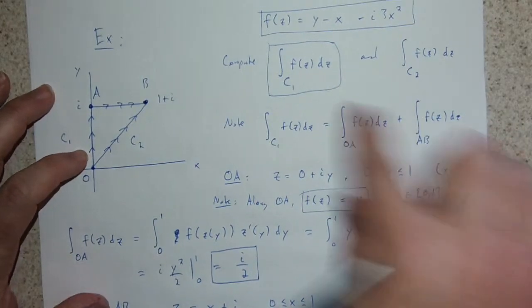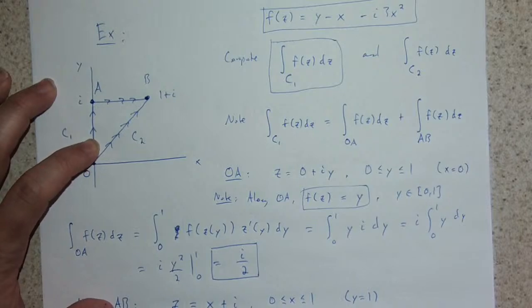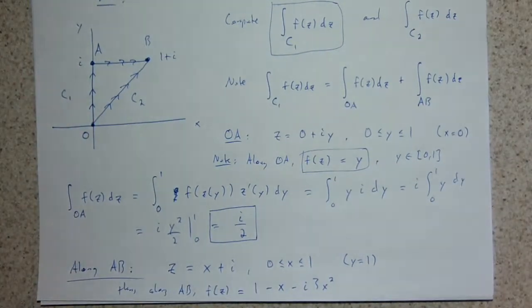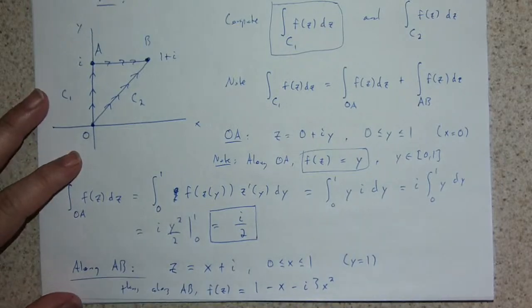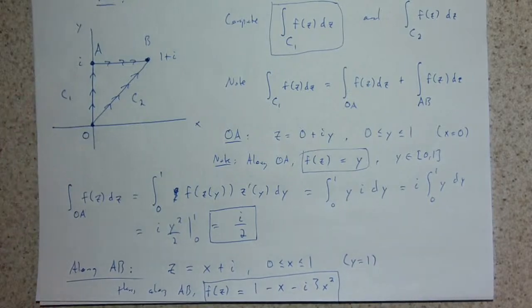Okay, so what is this? This is 1 minus x minus I 3x squared. So this is 1 minus x minus I 3x squared.